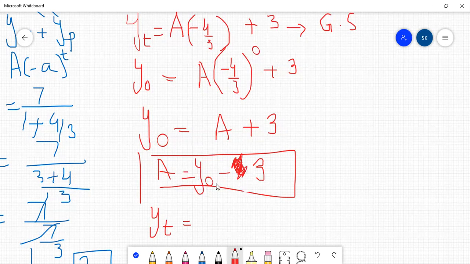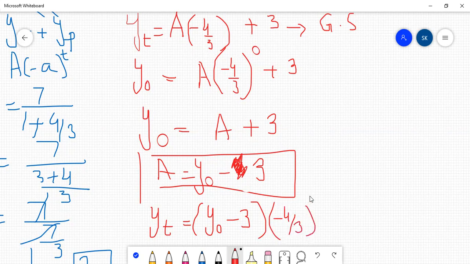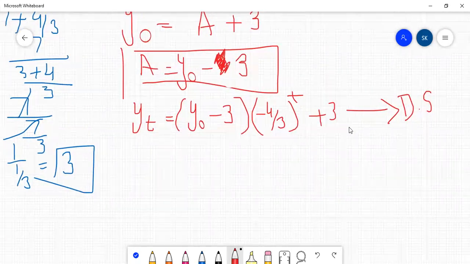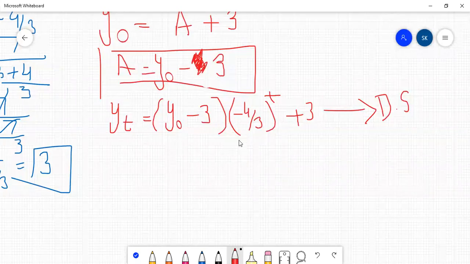So a is equal to y of 0, y naught minus 3. So y_t is equal to (y naught minus 3) into (minus 4 divided by 3) raised to power t, plus 3. Now this is the definite solution. Clear? Now y_t is equal to (y naught minus 3) into (minus 4 by 3) to the power t, plus 3.